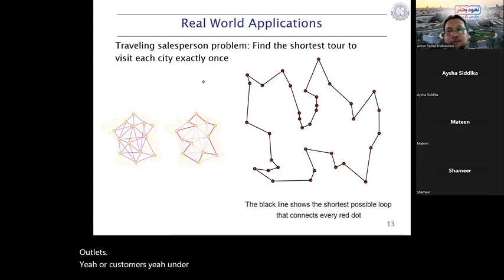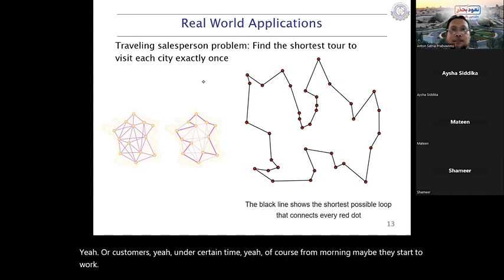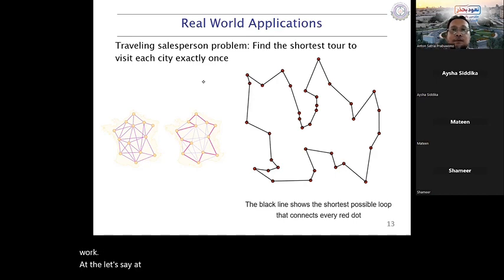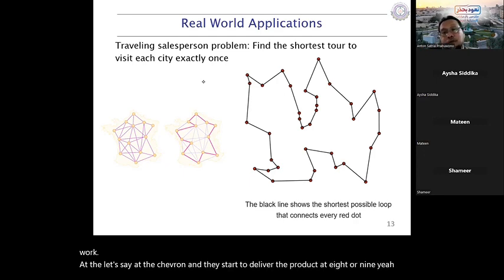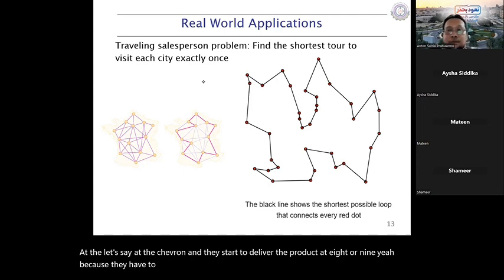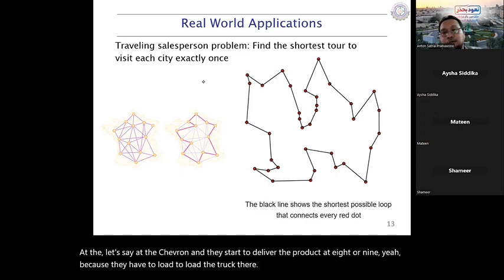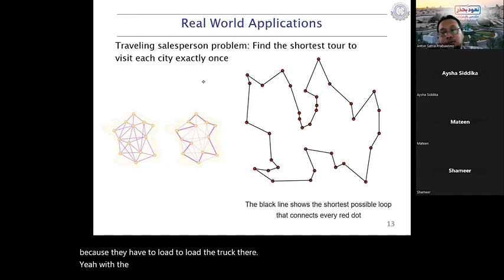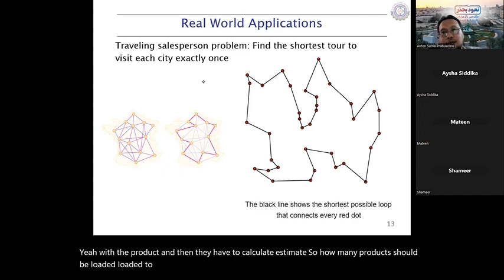So they have to deliver the products to those outlets or customers at a certain time. Of course, maybe they start to work at, let's say, 7, and they start to deliver the product at 8 or 9, because they have to load the truck with the product. They have to estimate how many products should be loaded, and then deliver.